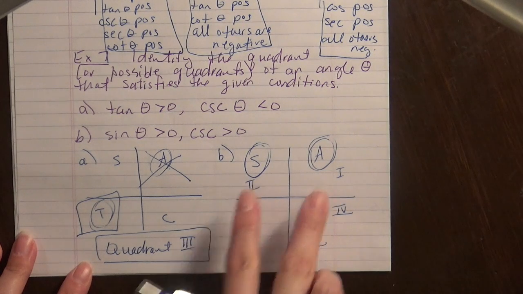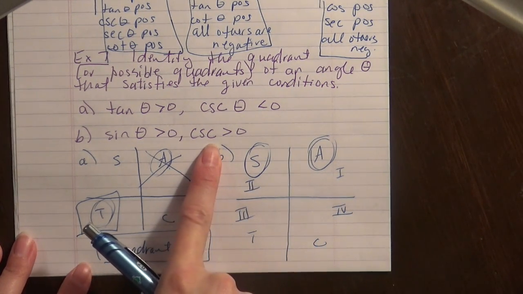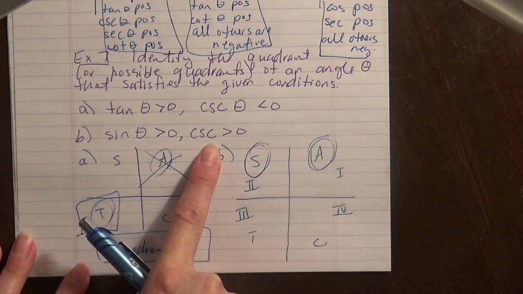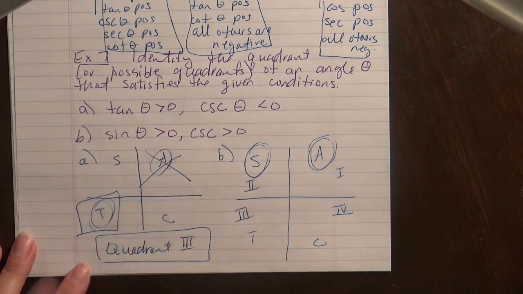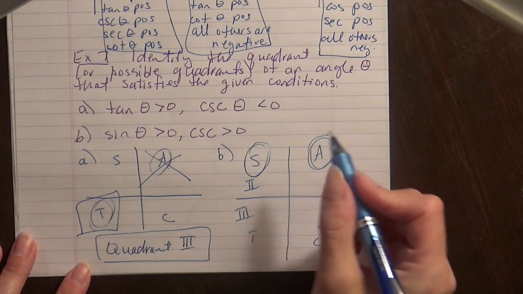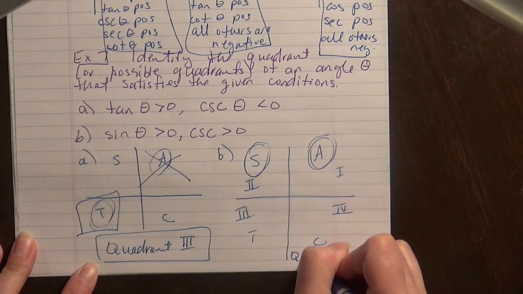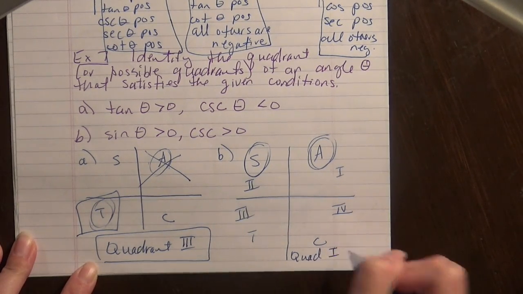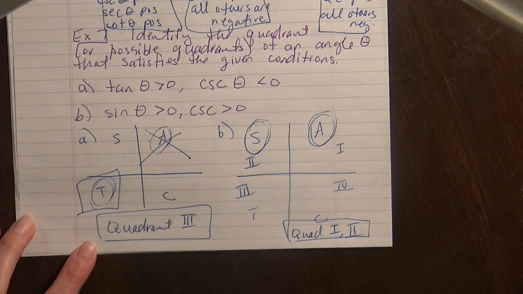These are the only choices. Cosecant is positive. Well, cosecant is the reciprocal of sine, so that's really telling me the same information that I had here. Sine and cosecant are both positive, so that's going to put me in quadrants 1 or 2. But that's all. So quadrant 1 and quadrant 2 are my answer. And that's it.